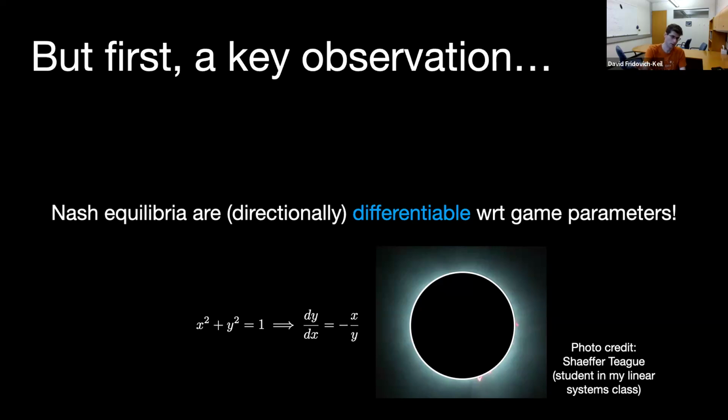You get 2x dx plus 2y dy equals 0. Rearrange, and you get dy/dx is minus x over y. It's a clunky way to see the correct answer, but the basic idea is you can implicitly differentiate. There is a function implicitly specified by the equation x squared plus y squared equals 1.